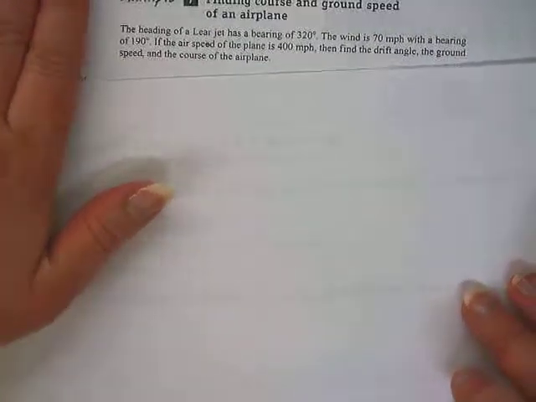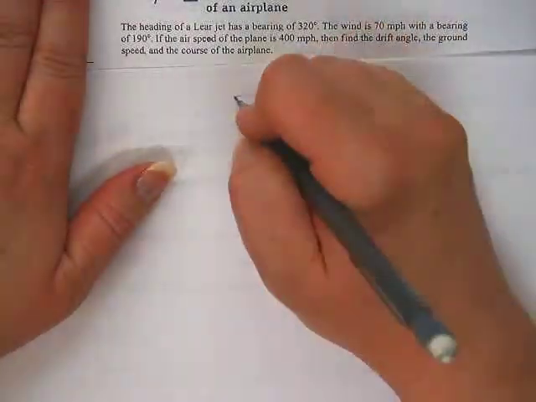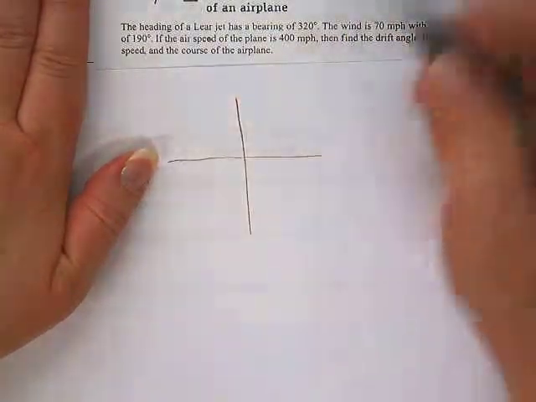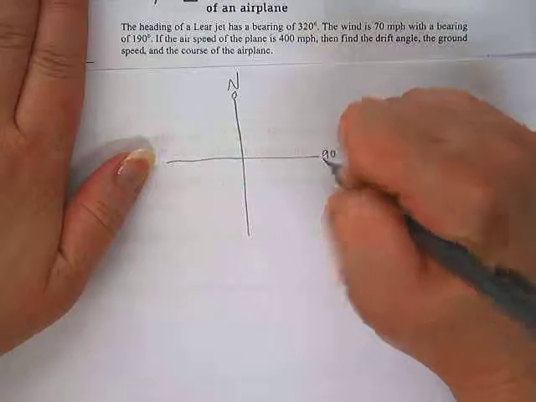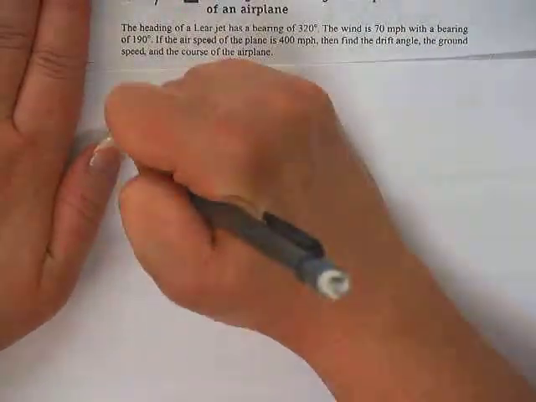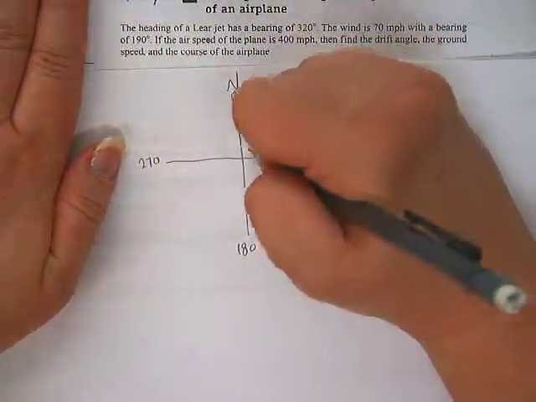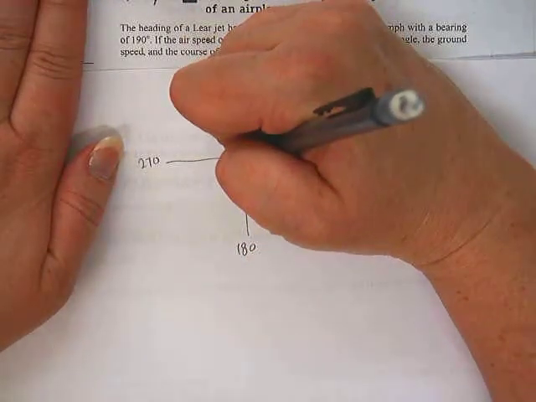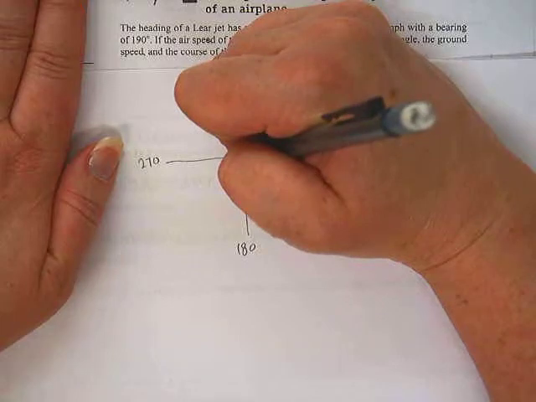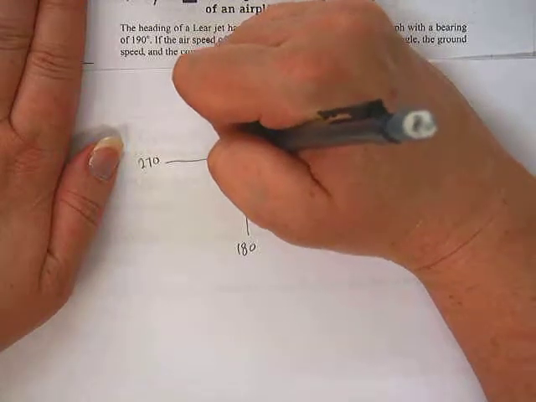The heading of a Learjet has a bearing of 320. Oh, I see why I did this problem, because it's a more difficult one to draw and set up and find the angles. I think I want to do this one from scratch too. So there's our north at 0.